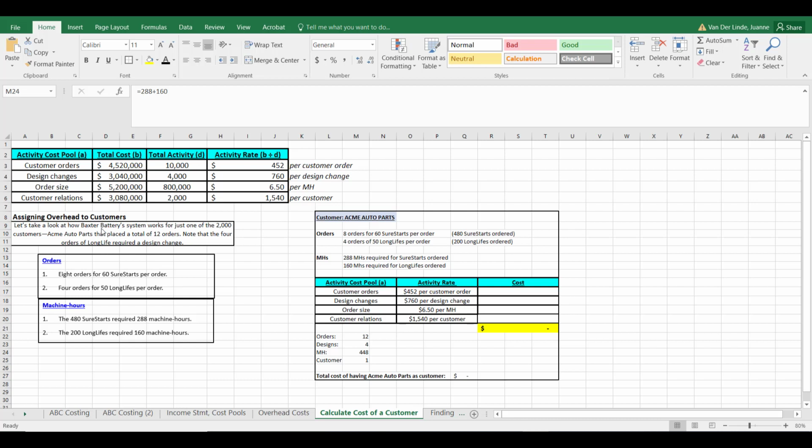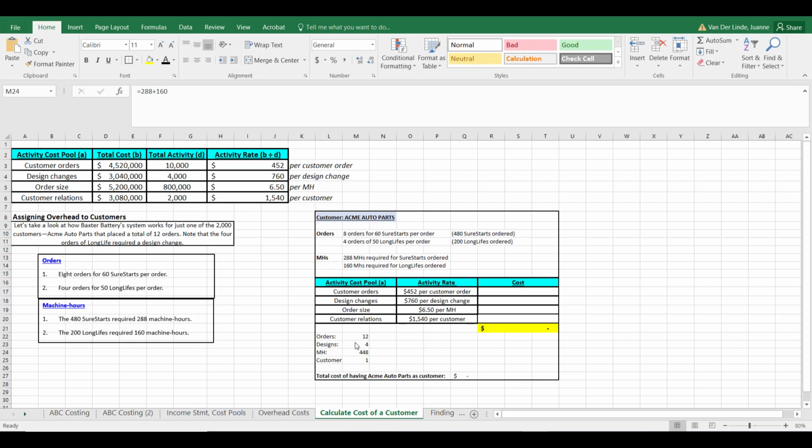So we're going to look at how we would go about assigning overhead to customers. We'll look at Acme Auto Parts, one of Baxter's customers, and see what it costs to serve this customer. Acme Auto Parts placed a total of 12 orders. Note that the 4 orders of long life required a design change.